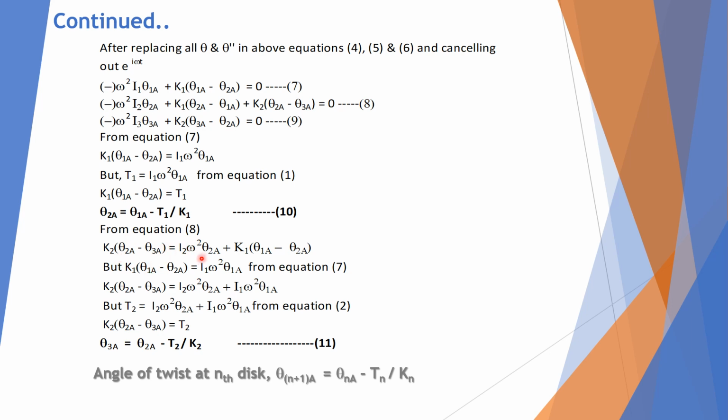Similarly from equation number 8, if you do this, theta 3a is equal to theta 2a minus T2 upon k2. So the generalized equation of angle of twist at the nth disk is theta(n+1)a is equal to theta na minus Tn upon Kn.